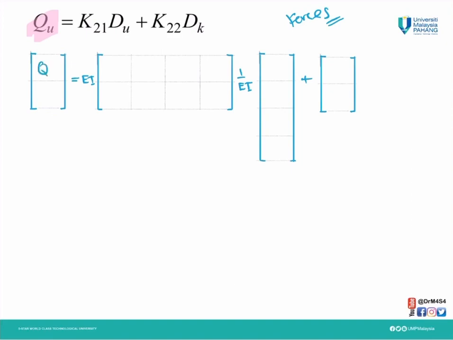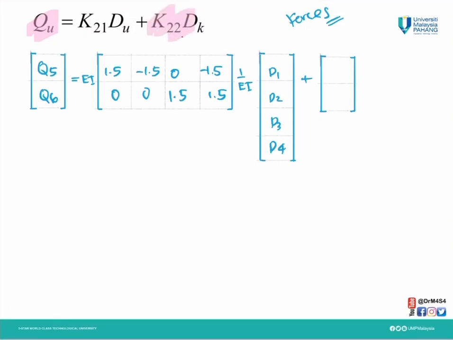So this one is Q5, Q6, and the matrix for Q21 is 1.5, 0, negative 1.5, 0, 0, 1.5, negative 1.5, 1.5, times D1, D2, D3, D4. And we know our decay is 0. Automatically, the value for this matrix is 0, 0.